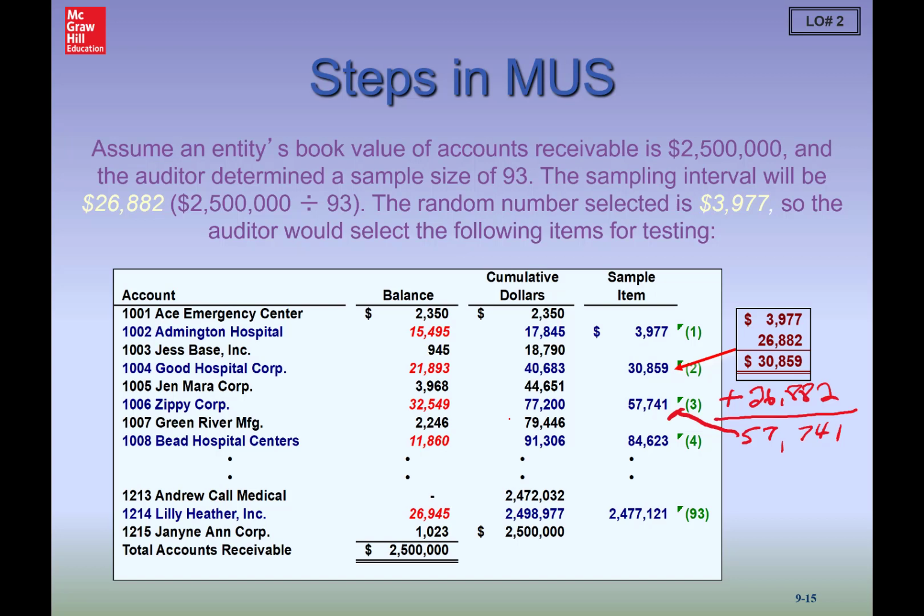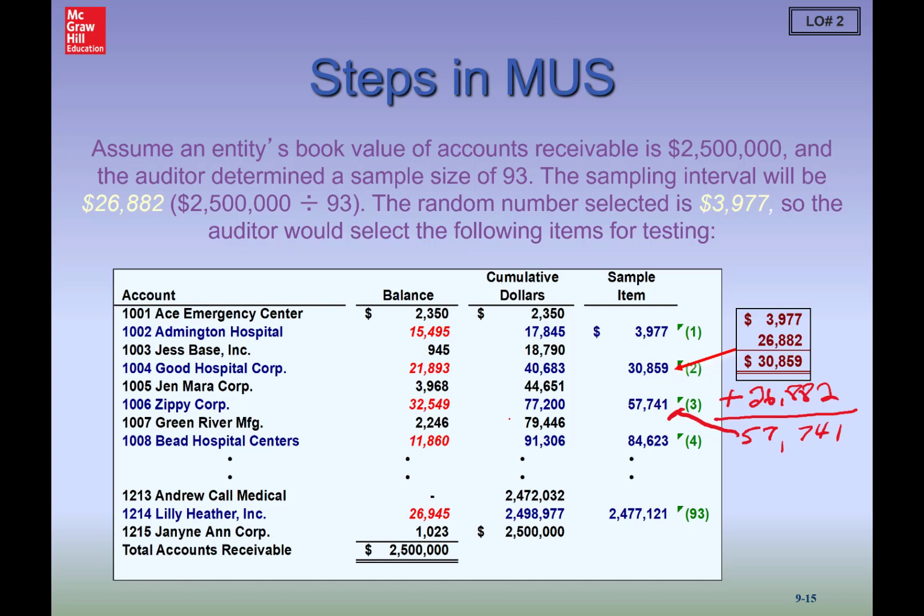The next dollar we're looking for is the $57,741. So we add in the next item, the 32,549, and that brings us to 77,2. So we found our 57,741. Just like when we went around the table, right? Same logic, except this time we had a random start.